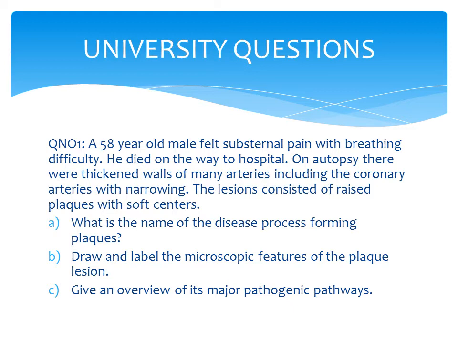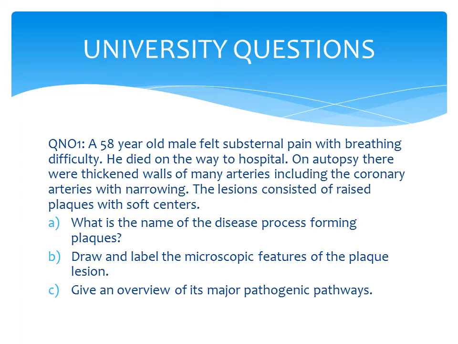On autopsy, there were thickened walls of many arteries, including the coronary arteries, with narrowing. The lesions consisted of raised plaques with soft centers. So this is a scenario. So you should revise, and this is basically a brainstorming question.